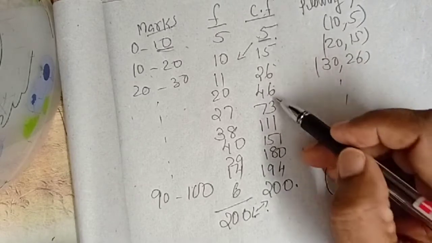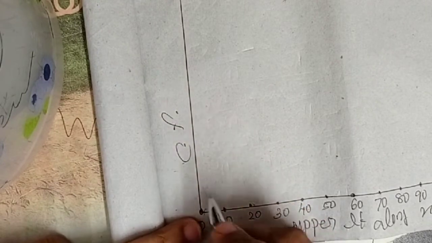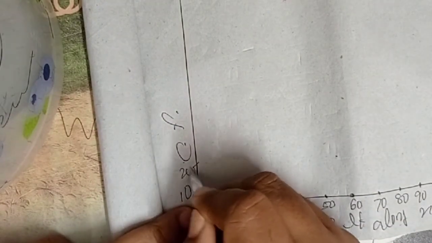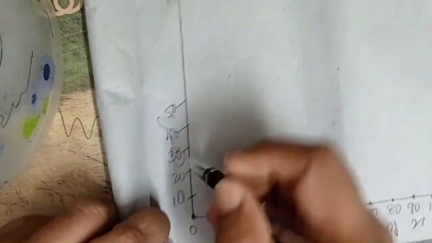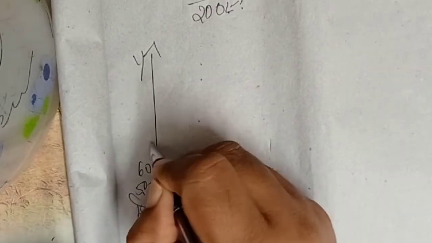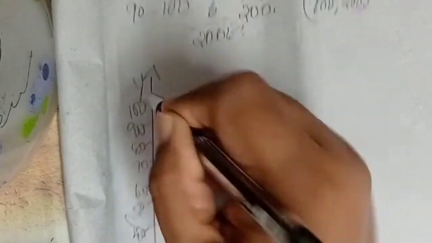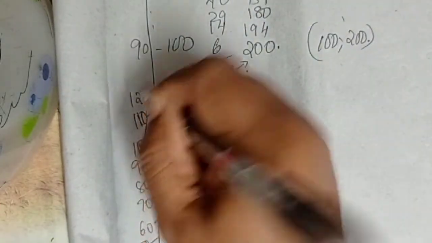That is wrong. Take a convenient scale. Here up to 200, you can take 10, 20, 30, 40, 50, 60, 70, 80, 90, 100, 110, 120, etc., up to 200. Mark in your graph book.